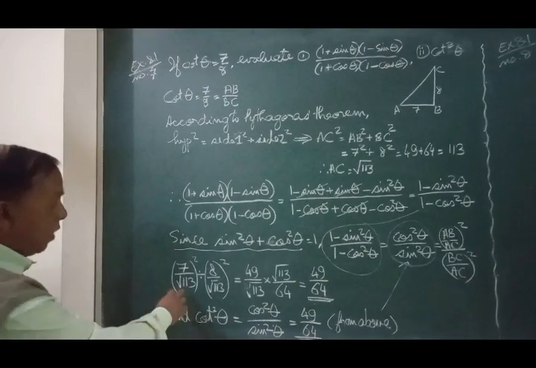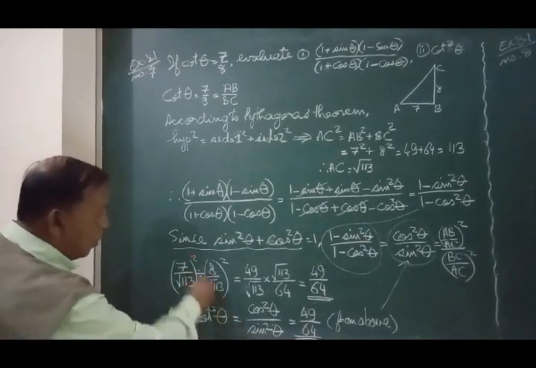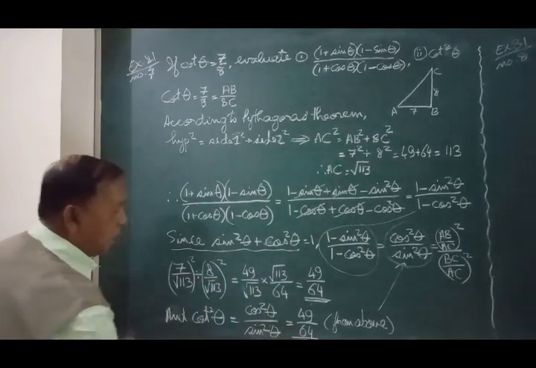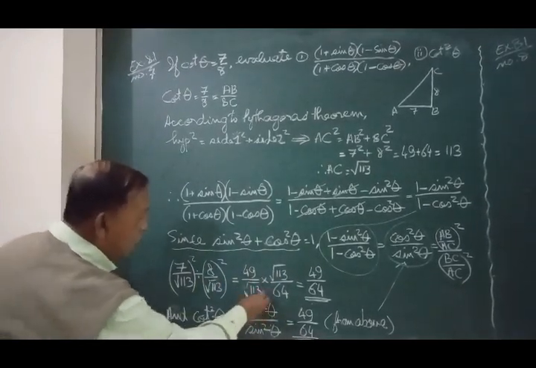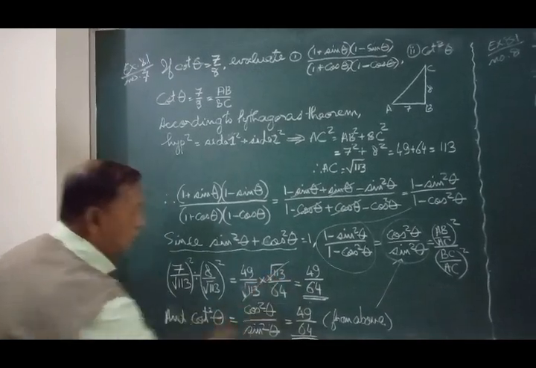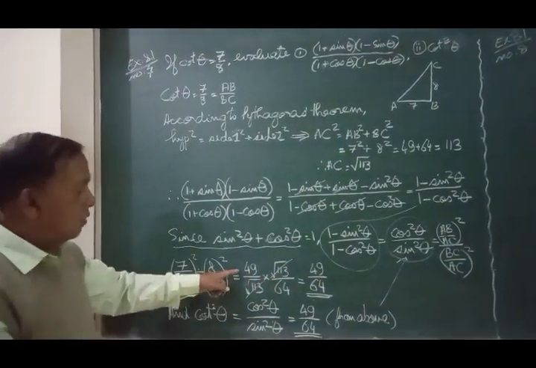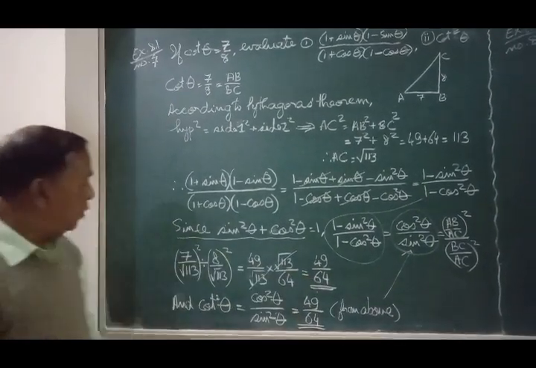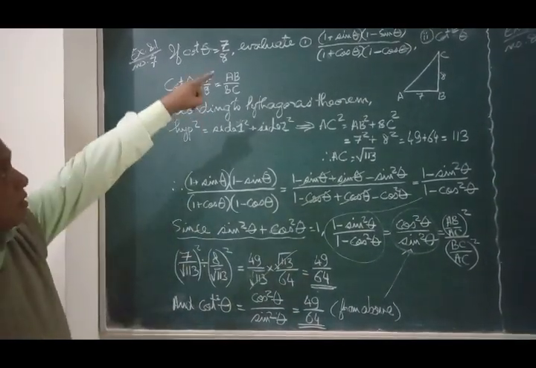Now, when you divide two fractions, you cross multiply, opposite. This becomes ulta, up and down. Therefore, 49, and now what happens? These two cut each other, and we have 49 upon 64, the first part.